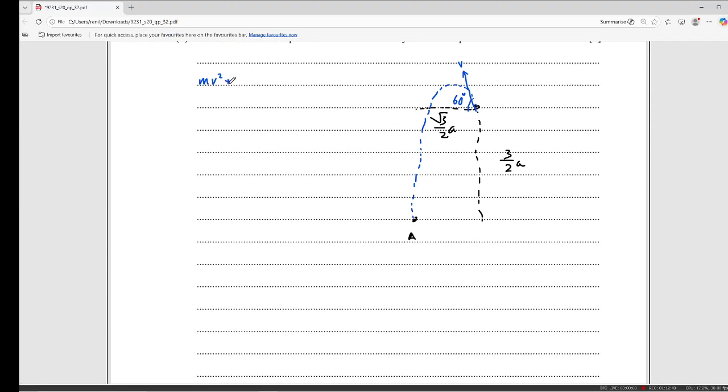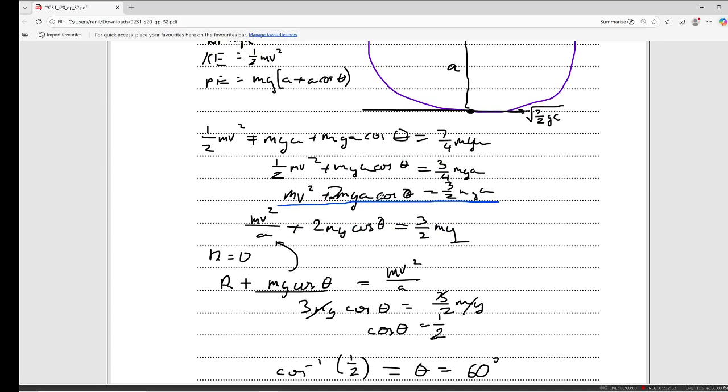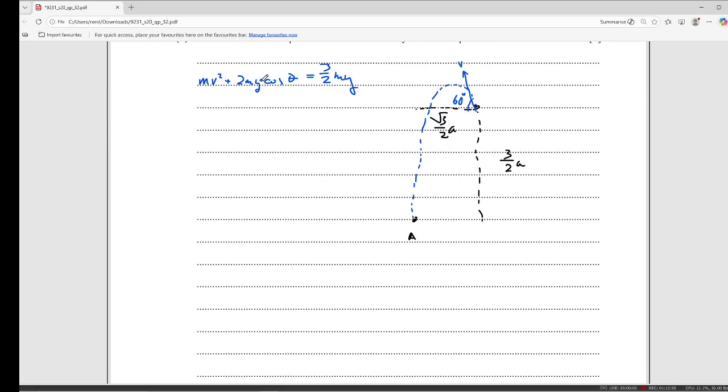mv square plus 2 mga cos theta equals 3 by 2 mga. Let me see if I wrote that right. Oh right, I forgot the a's. Cos theta equals cos 60 degrees, which is 1 by 2.